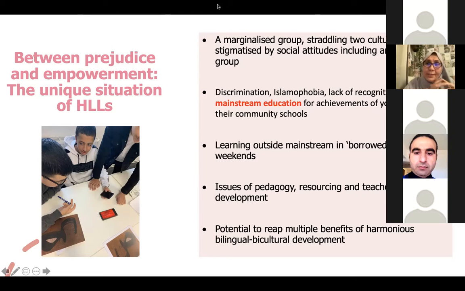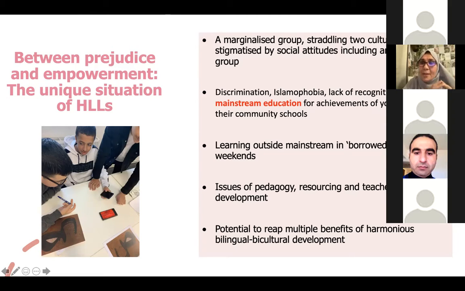They are in a context where in society there is discrimination. There is a lack of recognition from mainstream schools. That's in the UK. And there is as well a lack of recognition of the achievement that these heritage learners bring to the mainstream school.